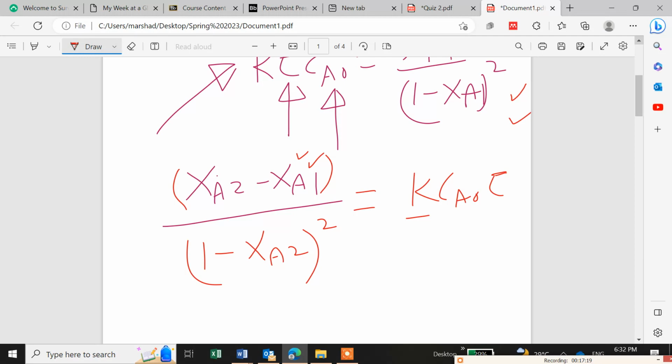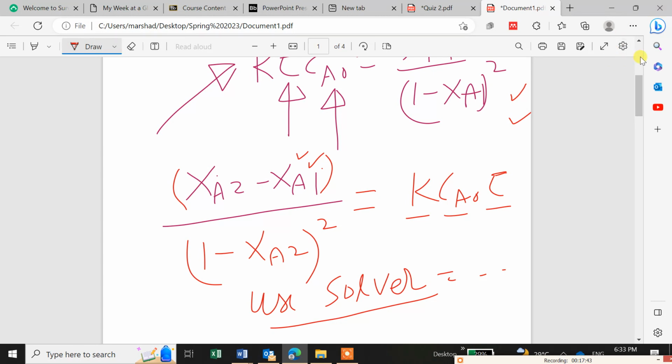So K same literature value, CA naught 0.06, residence time given, XA1 you know, only XA2 you don't know. So use solver to get XA2. Hope this is clear.